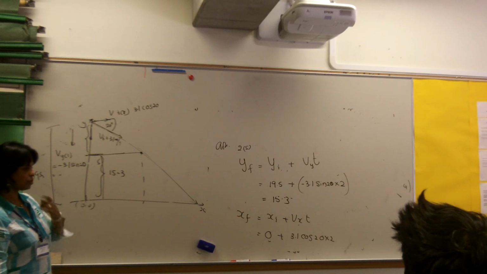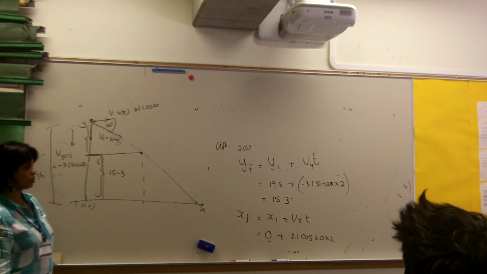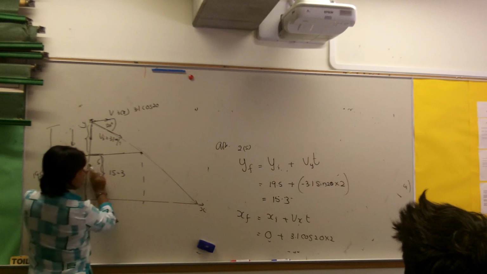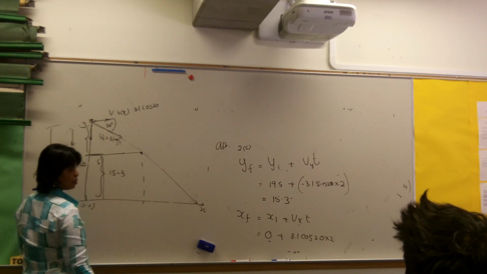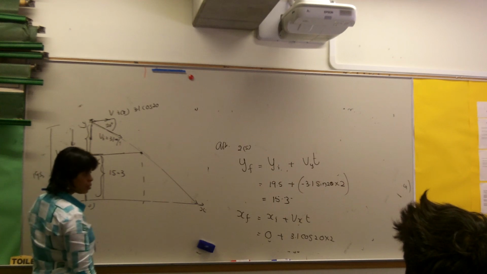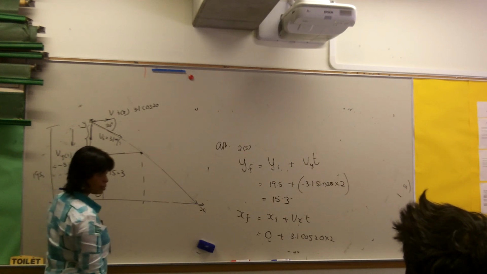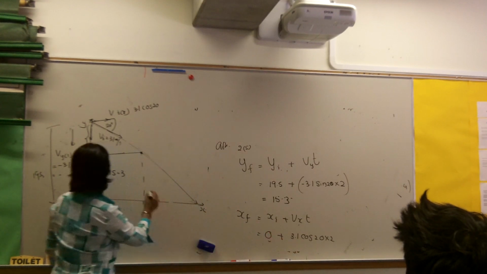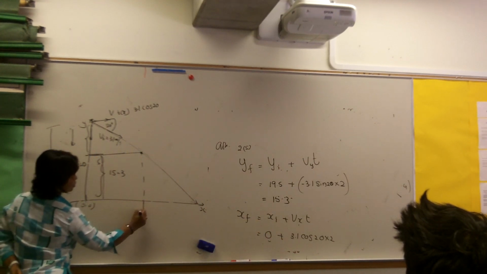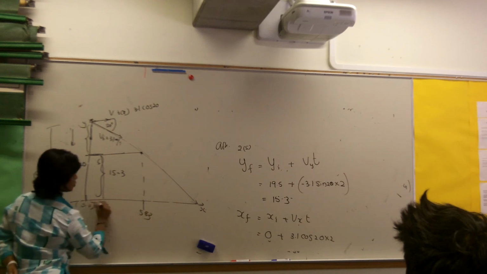It's after 2 seconds, yes. So horizontal would be 2. After 2 seconds, what is the distance? How much has he gone? 5.8. It's x and y individually. Yes, 5.82. So this one is 5.83 from here.